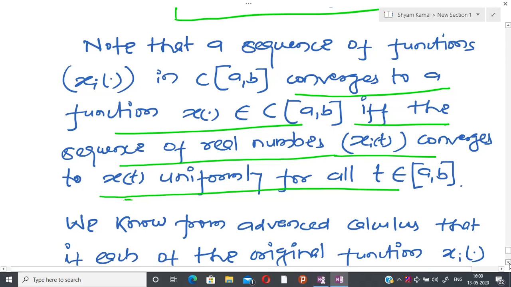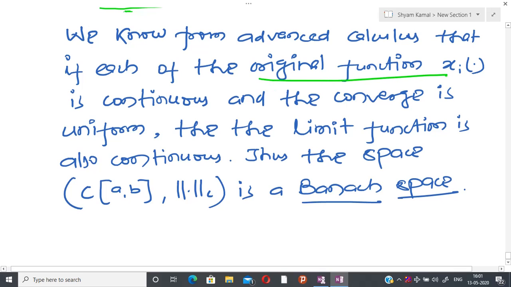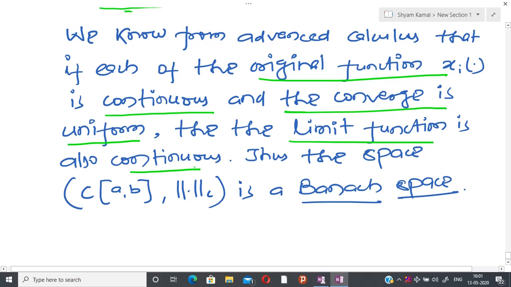And from advanced calculus we also know that if the original function x_i is continuous and the convergence is uniform, uniform meaning for all t between a and b, then the limit of the function is also continuous.